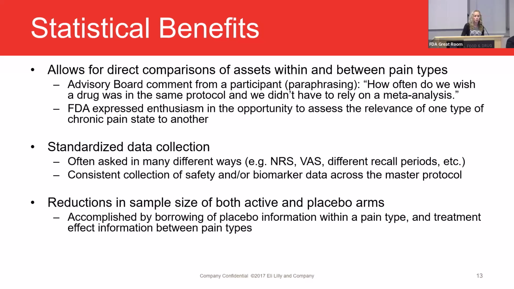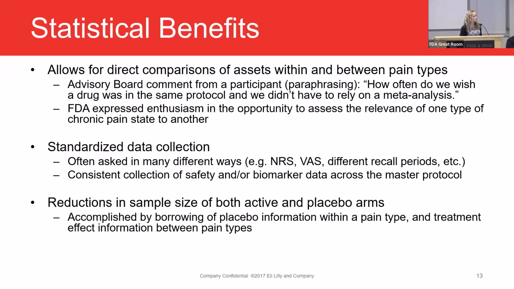And that's exactly what we were looking to achieve. We can do indirect meta-analysis or other forms of meta-analysis, but especially in the context of pain, which is subjective, we wanted to reduce a lot of the confounding factors. And there was a lot of enthusiasm from our FDA counterparts during the CID meetings about our ability to do this across pain types.